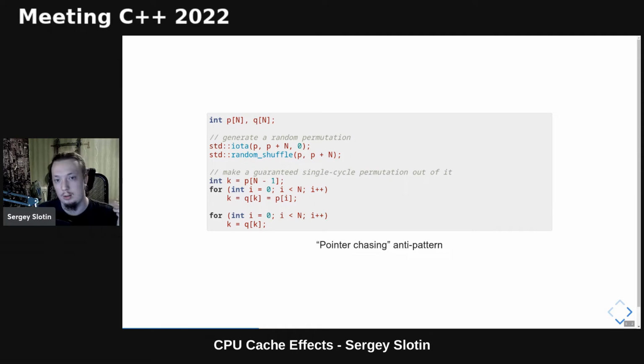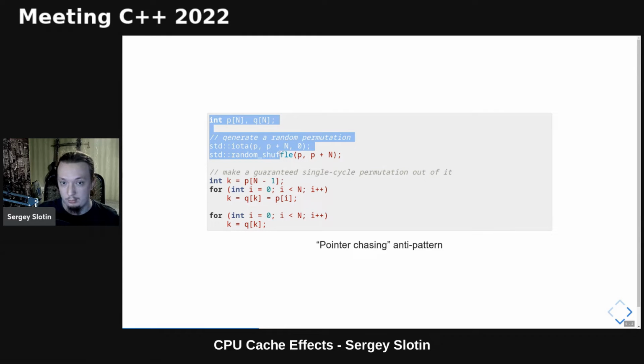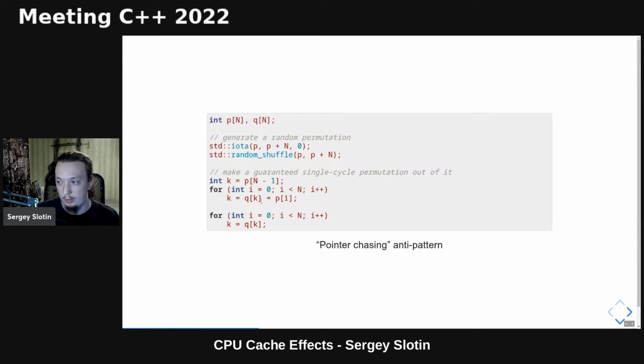To measure latency, we need to design an experiment where the CPU can't cheat by knowing the memory locations we will request in advance. The only way to ensure this is to generate a random permutation of size n that corresponds to a cycle and then repeatedly follow the permutation.